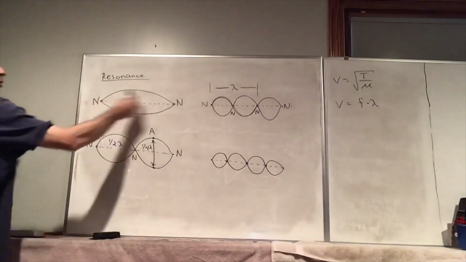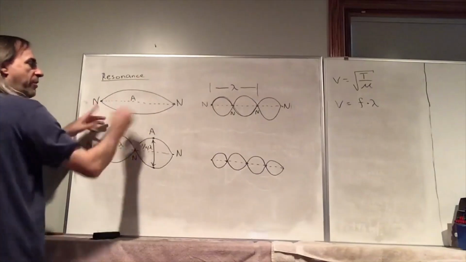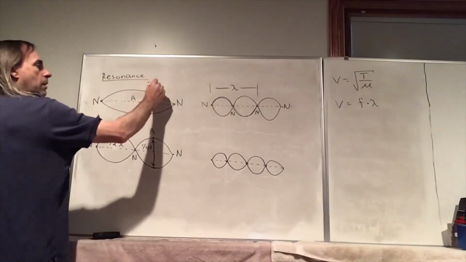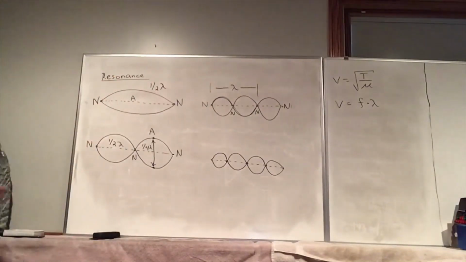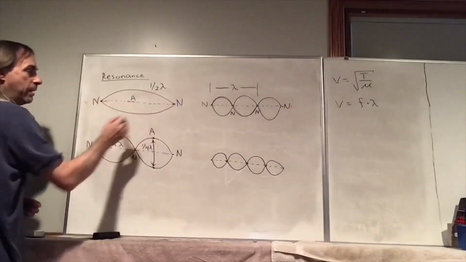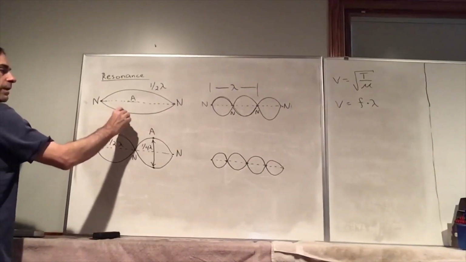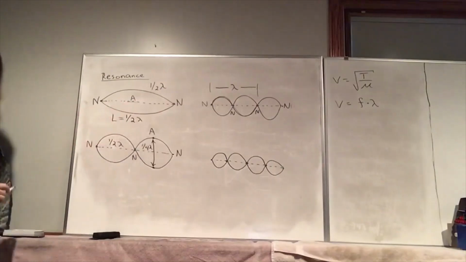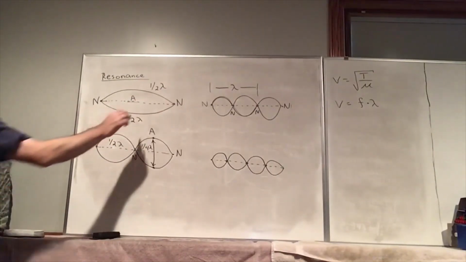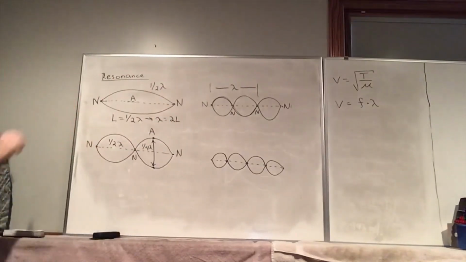So let's look at this first pattern here. From a node to a node, this whole thing here is half a wavelength. And this is the length of the string. So we can say that the length of the string is half of a wavelength. Or the wavelength is 2L, 2 times the length of the string.